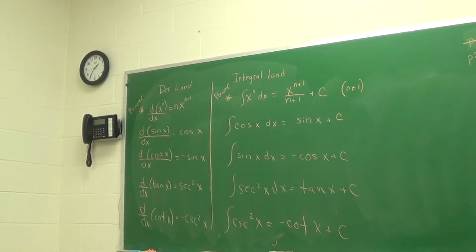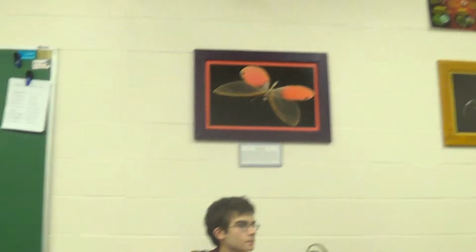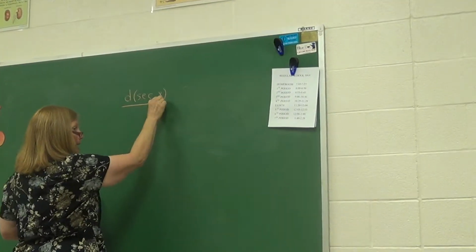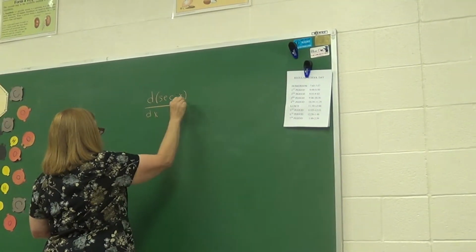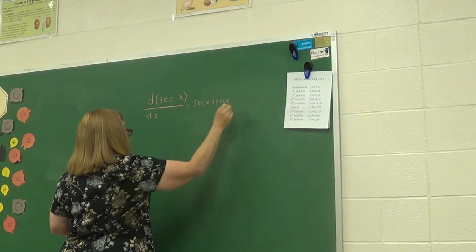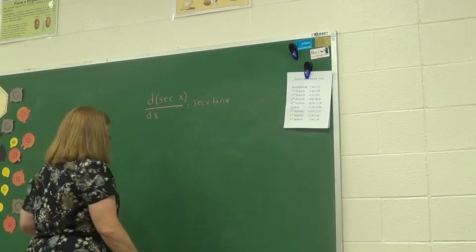What do I need? I have sine, cosine, tangent, cotangent, secant. So the derivative of secant x with respect to x is secant tan. I'll move that over as well.